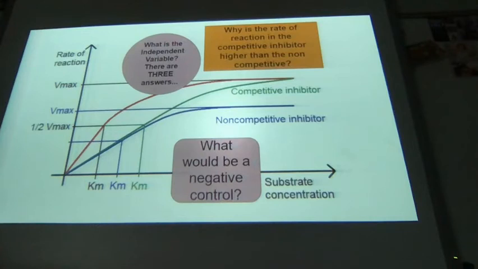And actually, no inhibitor might feel more comfortable just being a regular control. I've got a competitive inhibitor, I've got a non-competitive inhibitor, and then my control. I'm going to compare that to not having an inhibitor at all, and we'll see how they do. You could do that. Definitely, if you left out your enzyme, you would have a negative control, right? You expect nothing if you don't have an enzyme. Now, if you get some results, you got something screwed up in your experiment.